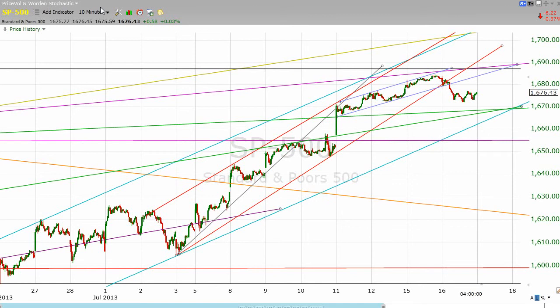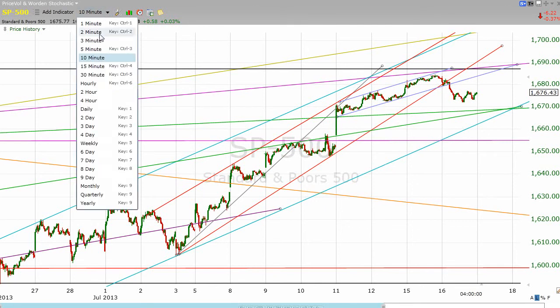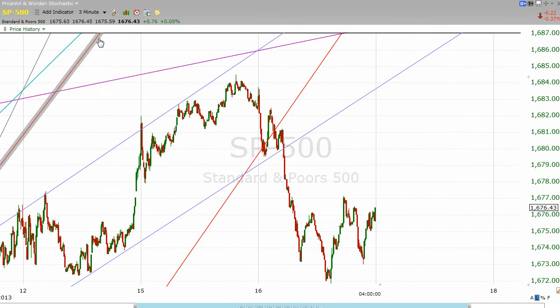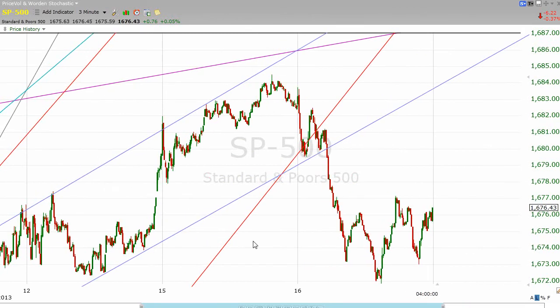Now, what makes this kind of interesting too is the fact that if we take a look at a 3-minute chart, you know what I'm going to say. See if you can be a mind reader. Okay, first off, let's take a look at what happened today. We came down, and it looked like we wanted to initially bounce roughly at this blue line, definitely, and close enough to this red line.